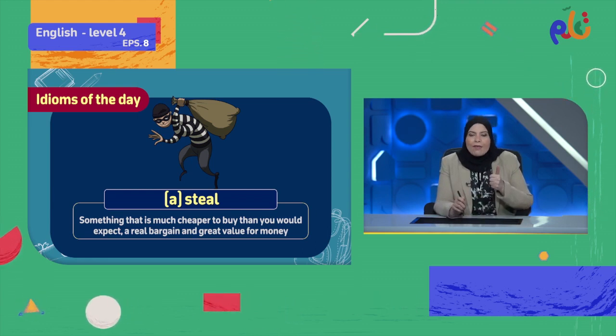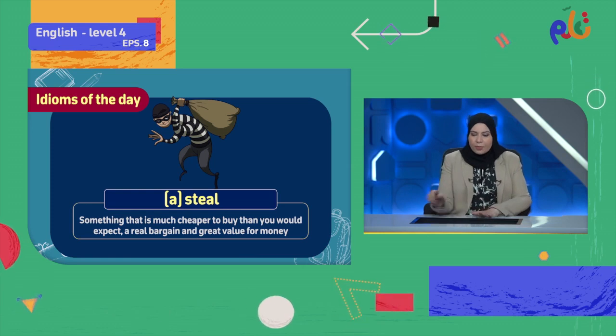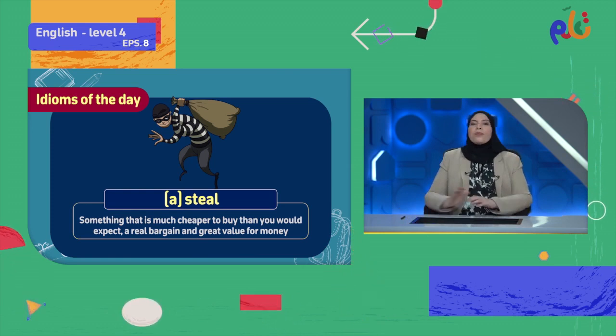So when you get a very good deal for something, like, for example, you go shopping and you find a very nice pair of jeans. Everybody says that this pair of jeans are for £600 and you find it for 100. So you tell your mother, I must buy them. This is a steal. It's like, this is a very, very good deal.